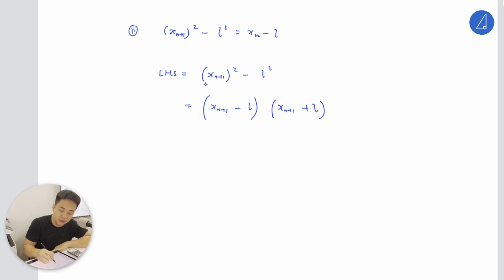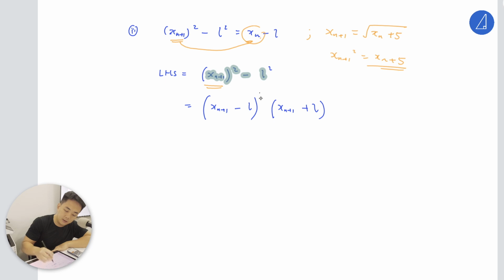But because I know that I need to change this from xn plus 1 to xn, previously we know, given in the question, that xn plus 1 is root of (xn plus 5). So we know that xn plus 1 squared is xn plus 5. Then I can substitute this, because I want to change to xn.